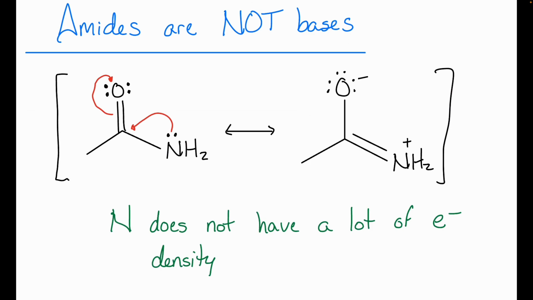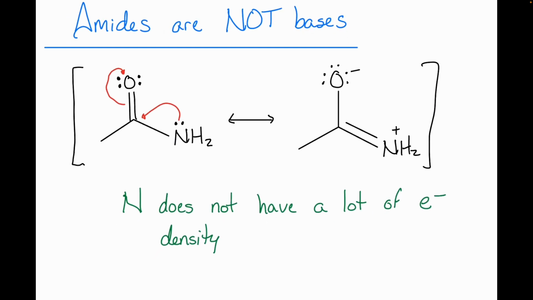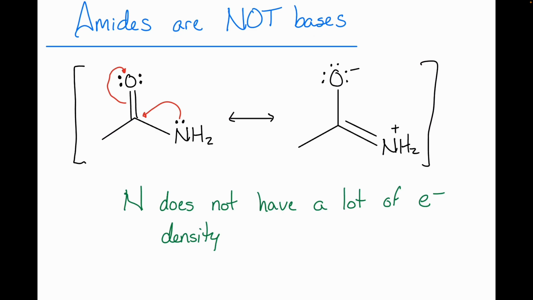Because of that, that lone pair really can't be a very good base, can't be used to deprotonate something, because it's already occupied by that oxygen. That pair of electrons is being pulled through that carbonyl bond up onto that oxygen. And in order to be a base, you have to have some electron density, a lone pair. So because that nitrogen does not have a lot of electron density, our amide lone pair cannot act as a base.